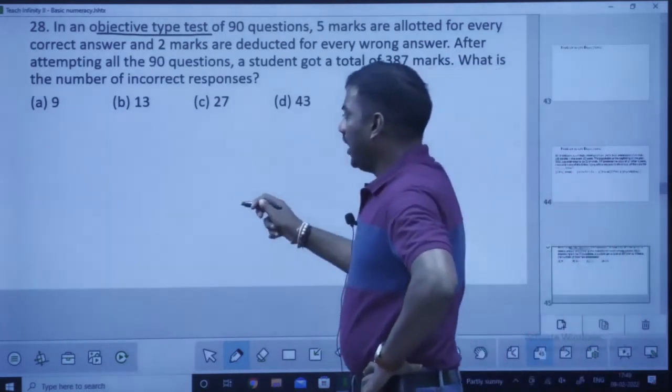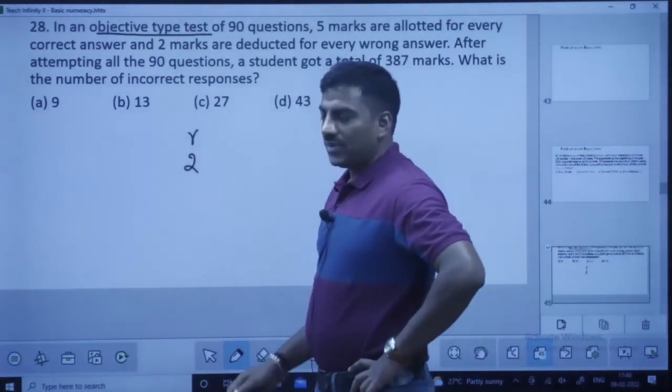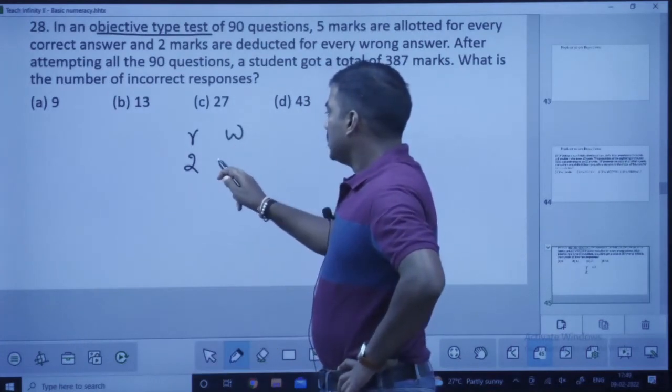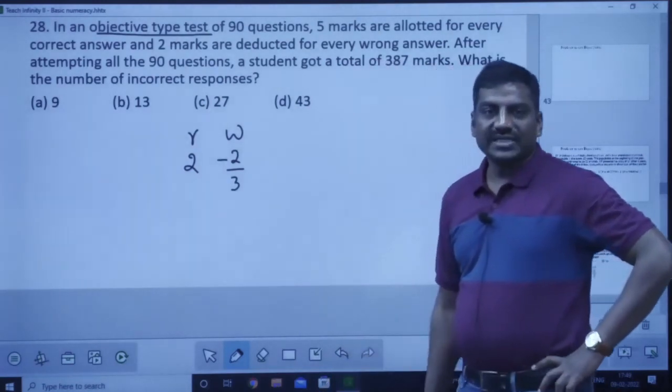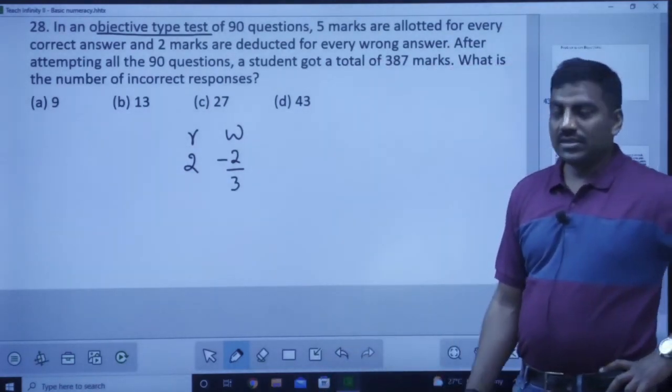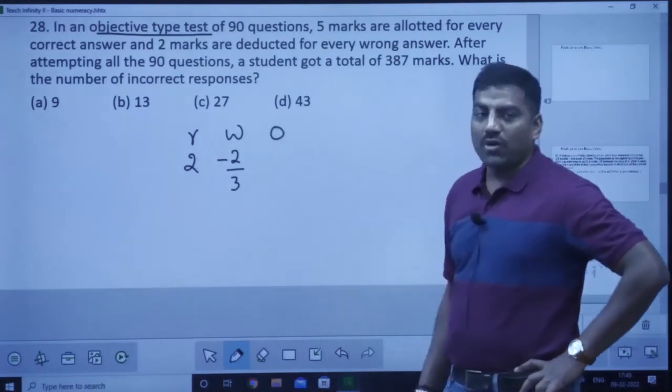So for every right question, you will get 2 marks. For every wrong question, you will be cut with minus 2/3 marks. Then you will calculate the total. And also there are a few questions which you have left unattempted.